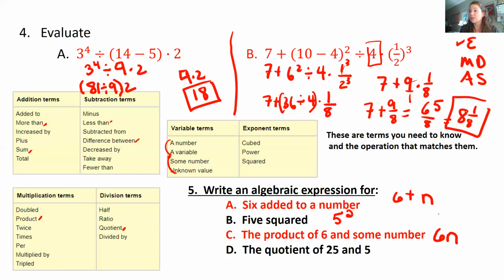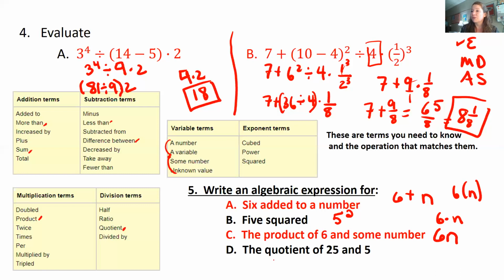So either you're going to use a dot, 6 times n, you could use parentheses, or you could use 6 times n this way. But probably the most popular way to write it is just to squish that 6 and n together, and that shows multiplication. The product of 6 and a number.